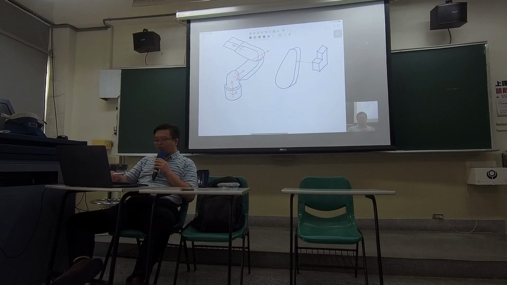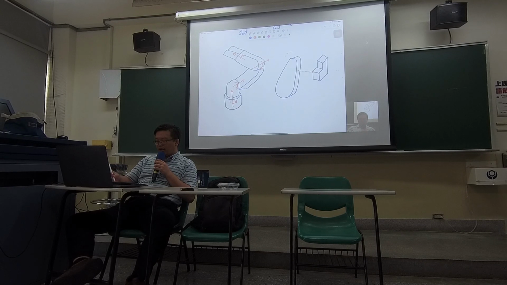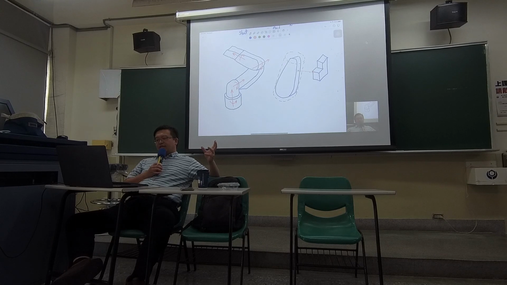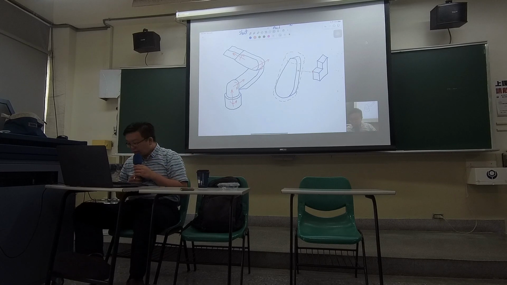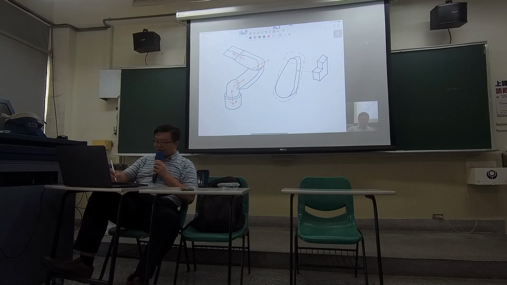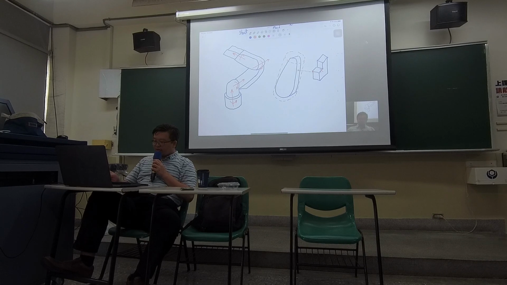Let's say I want to simplify this geometry into a cylinder. Just the smallest possible cylinder that contains the geometry. And maybe for the obstacle, I will consider it as a point, a point with some radius.